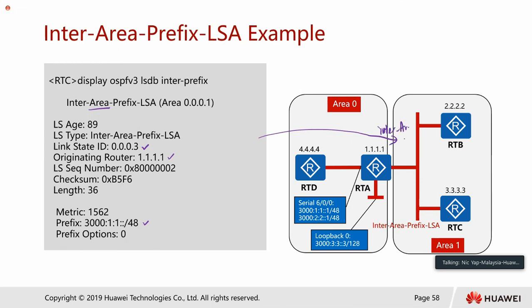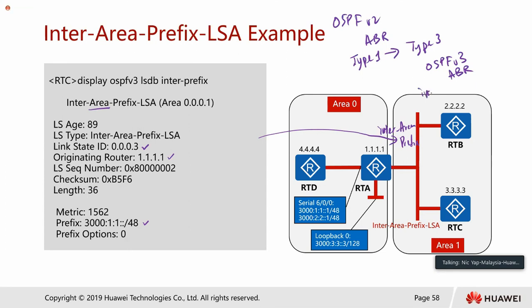inter-area prefix. So on OSPFv2, we translate at the ABR, am I right, from type 1 to type 3. But under OSPFv3, you also do it on the ABR, but this time I convert which one?